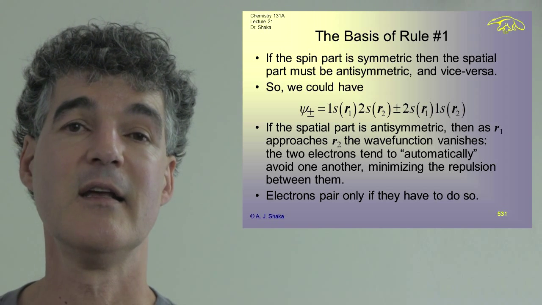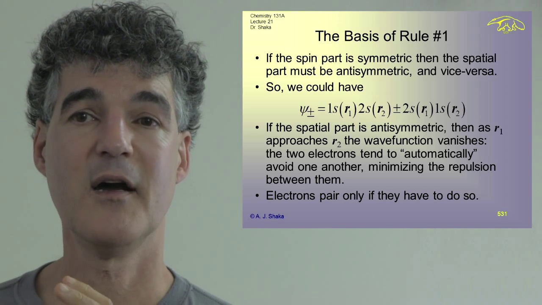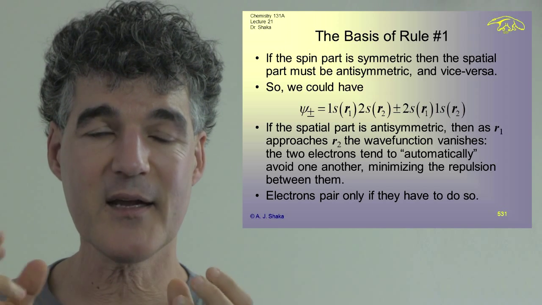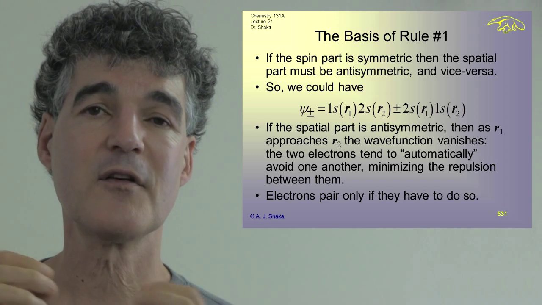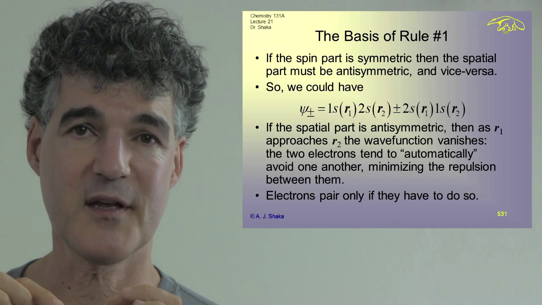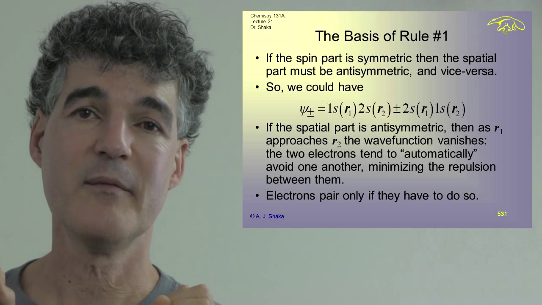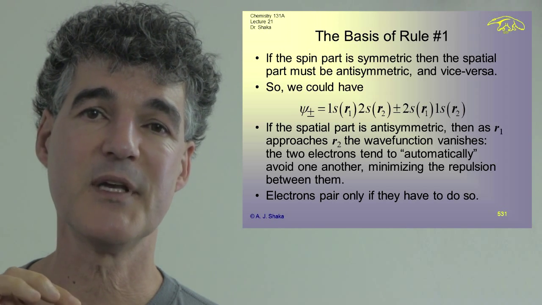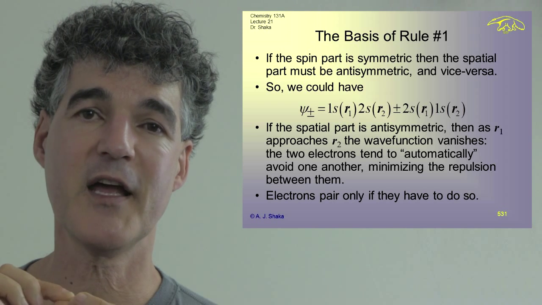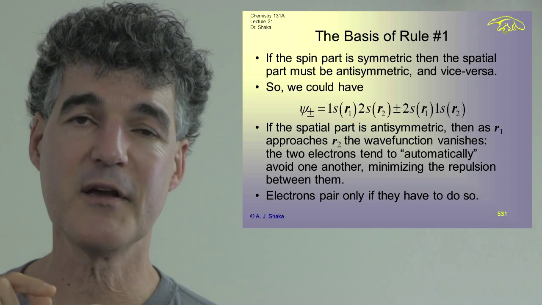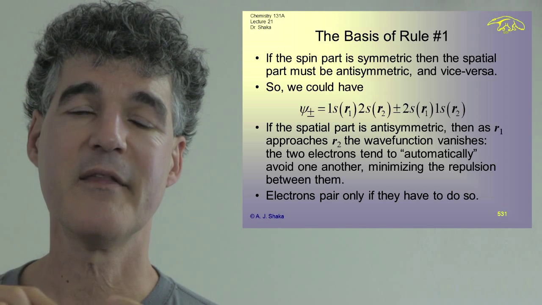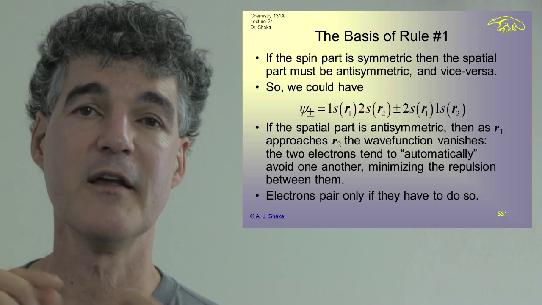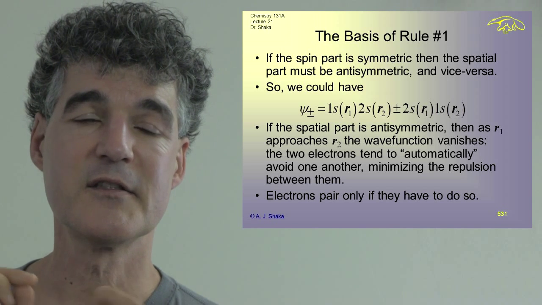That means this antisymmetric spatial wave function automatically causes the electrons to avoid each other in some sense, because its very structure doesn't allow the electrons to be at the same point in space without vanishing. That means the probability of that is very low, and the electron-electron repulsion that could occur if they got close like that is gone.